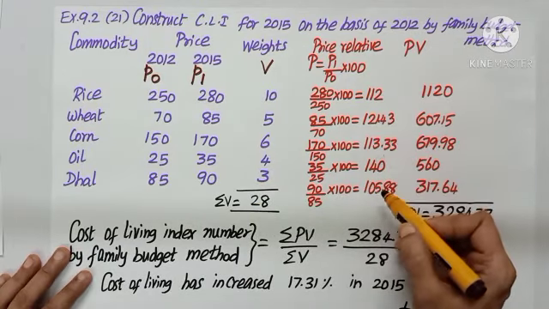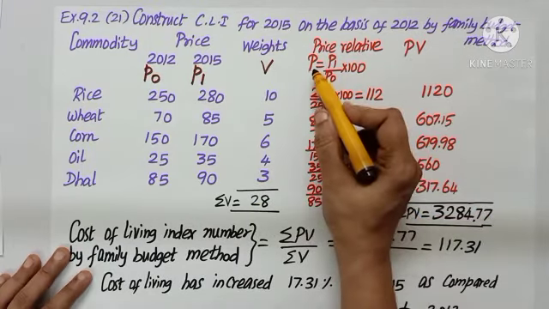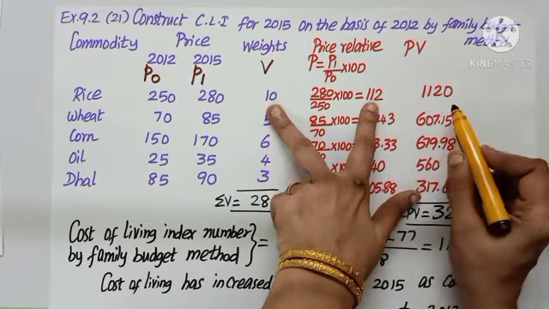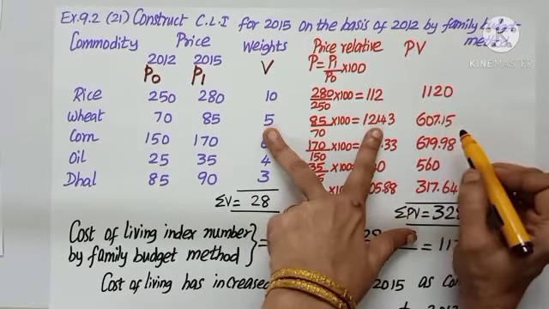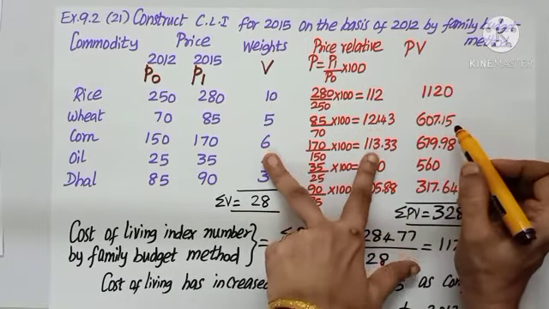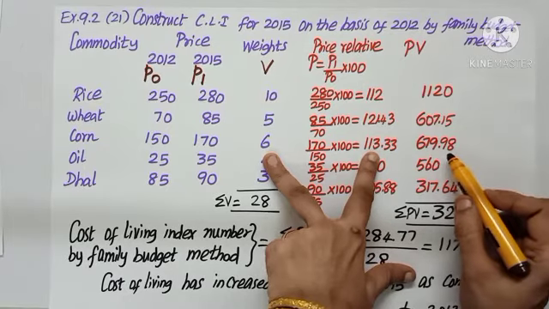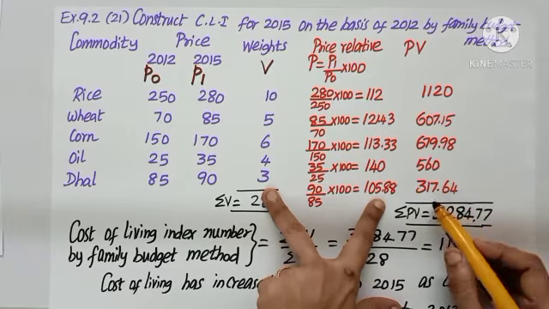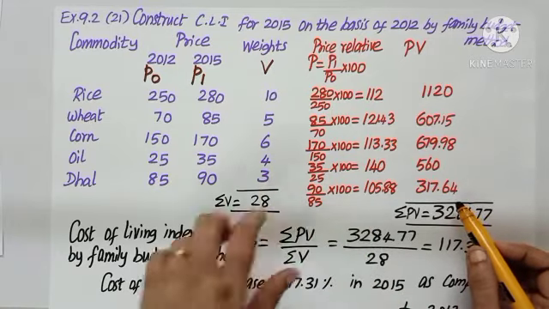What we calculate is called price relative P. Find out PV. Multiply the two values. 10 into 112, 5 into 121.43, 6 into 113.33, 4 into 140, and 3 into 105.88.